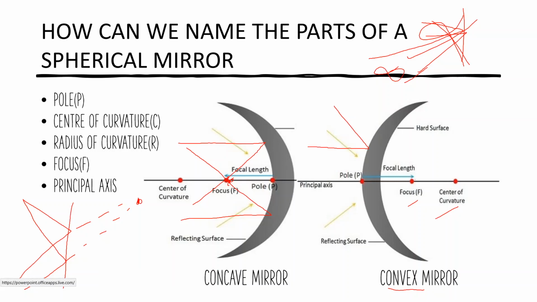This will go here, and this will go here, and I'll push them back somewhere like this. They meet. They appear to meet here. So they are virtual for a convex mirror and real for a concave mirror. How the image will be formed by a concave mirror and by a convex mirror, I'm going to discuss in detail in later sessions.